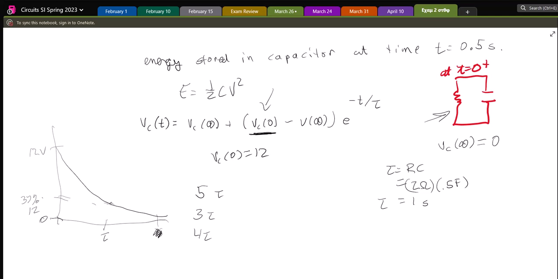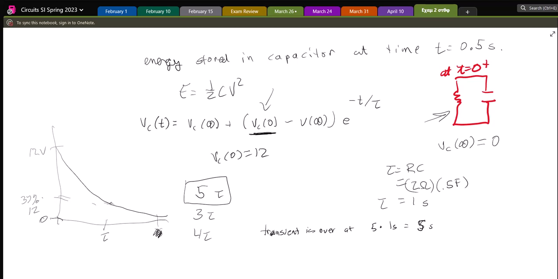So 5 time constants is safe. So if you wanted to say at what time is the transient over, then I would say 5 time constants. So transient is over at 5 times 1 second is 5 seconds. Now, y'all may have used something different, so just be aware of that.